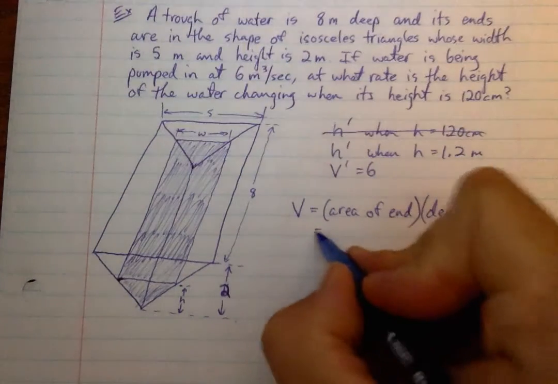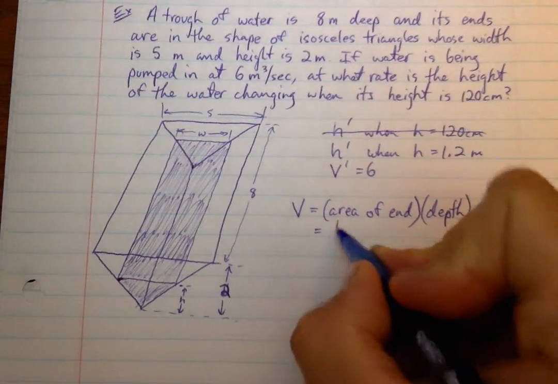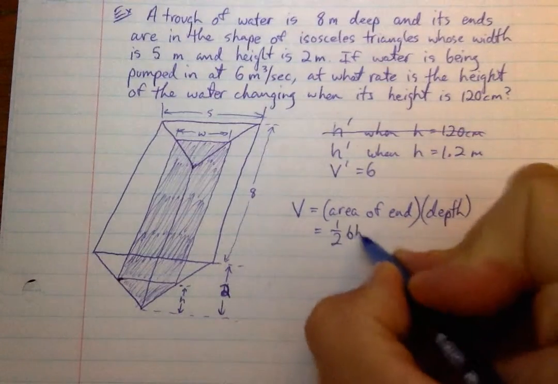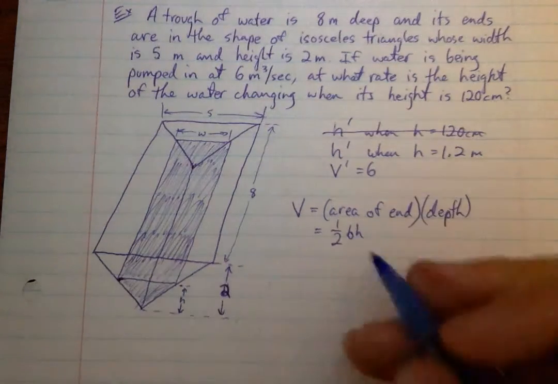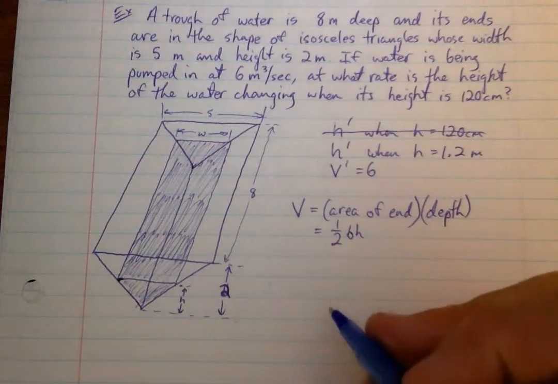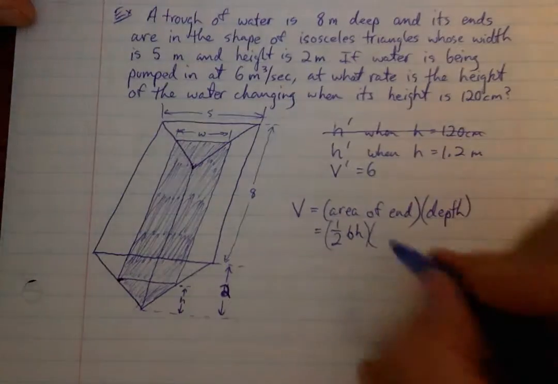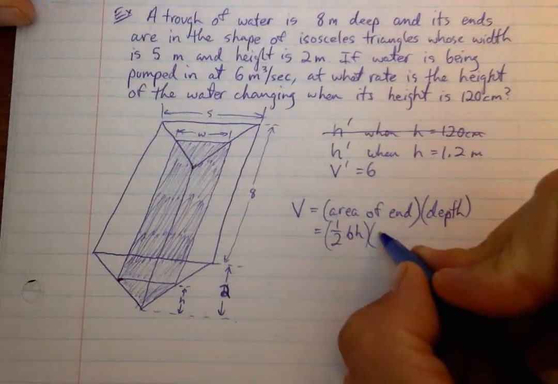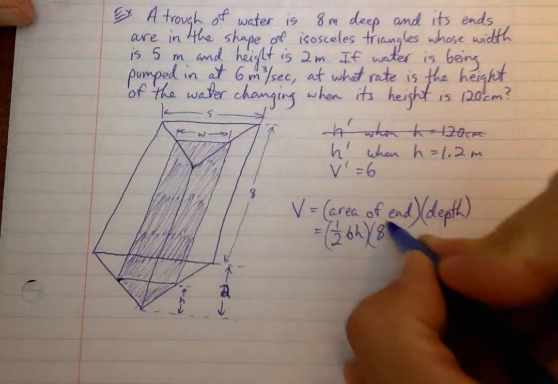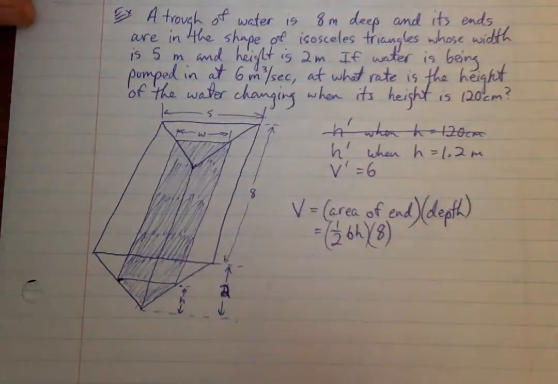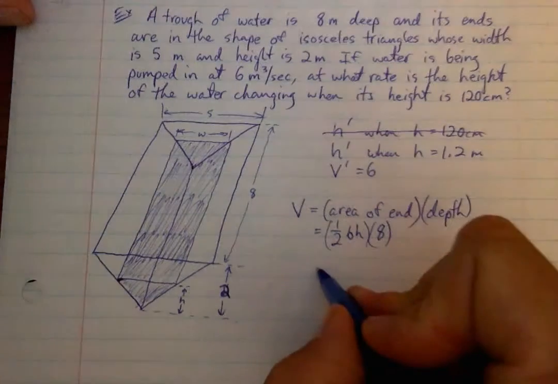So we have that equal to 1/2 base times height, right? Because that's the area of a triangle. And then we multiply that by the depth, which is 8. I still get confused. I want to say that's length, but whatever.